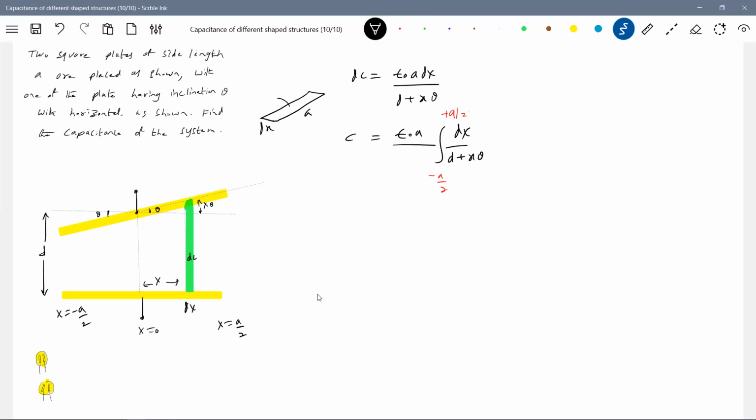So the final capacitance should become epsilon naught a by theta log of d plus x theta, from minus a by 2 to plus a by 2.